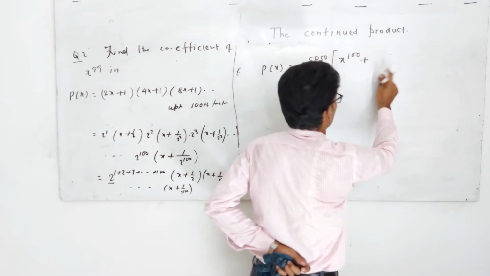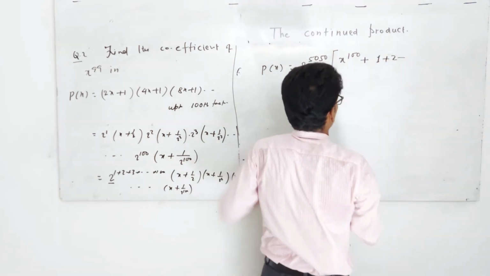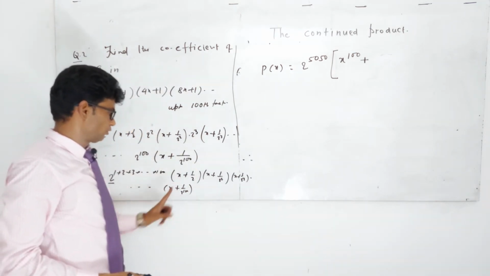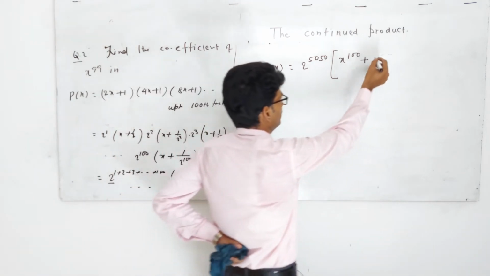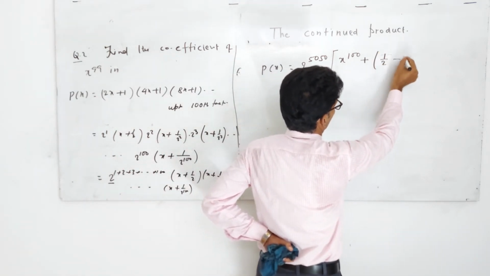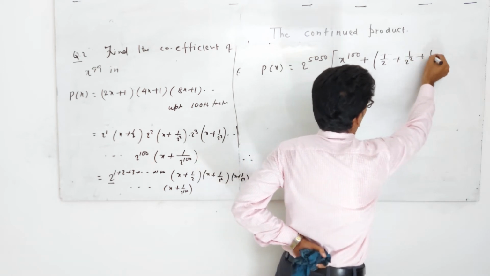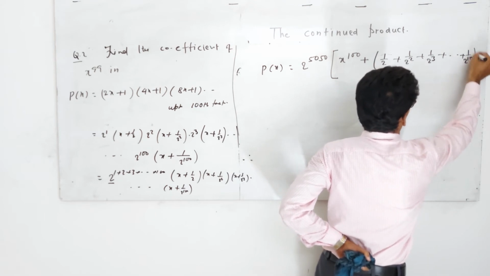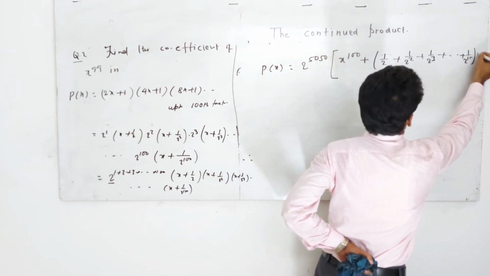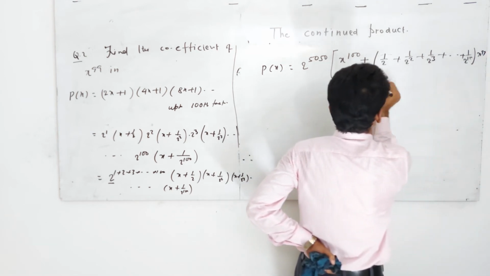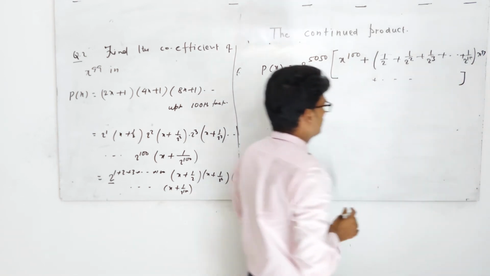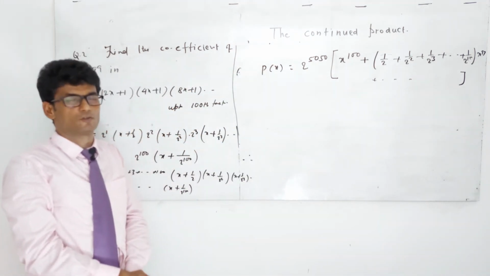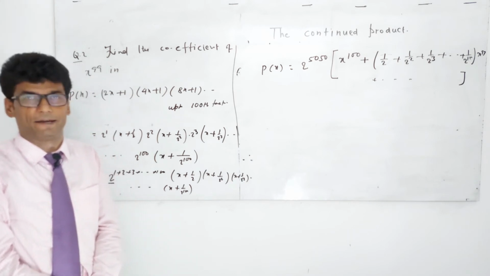So here we have 1 by 2 plus 1 by 2 squared, 1 by 2 to the power of 3, and so on and so forth, 1 by 2 to the power of 100, multiplied by x to the power of 99, plus so on and so forth. We are not interested in those other terms, because our task is to find the coefficient of x to the power of 99.